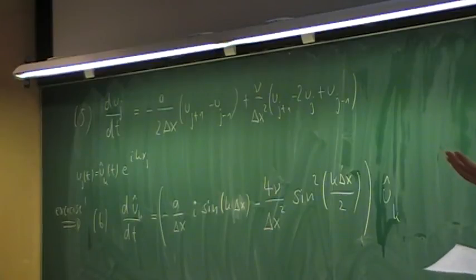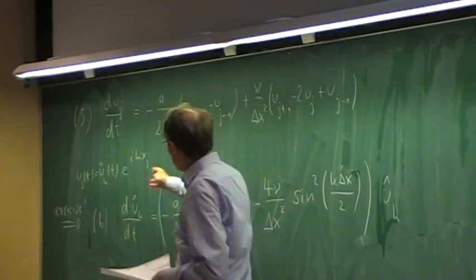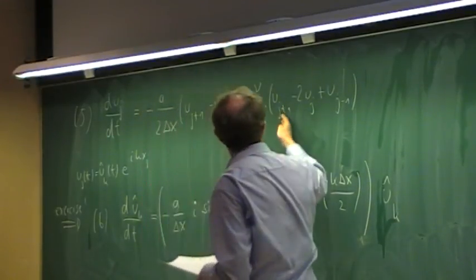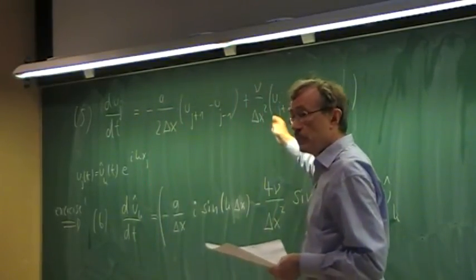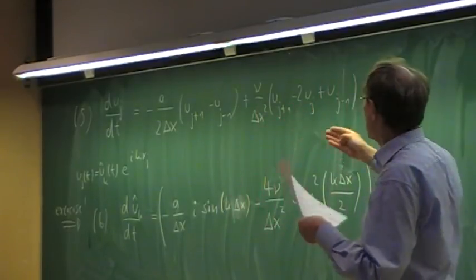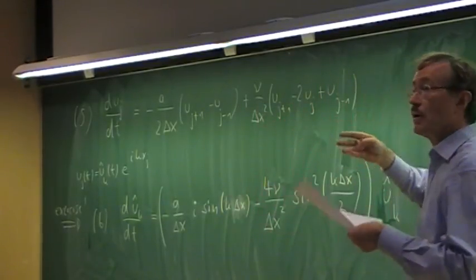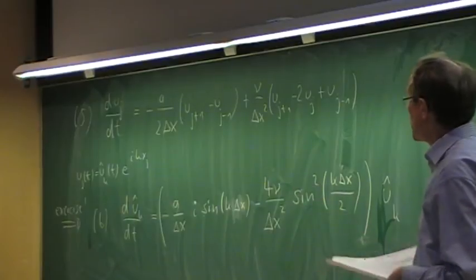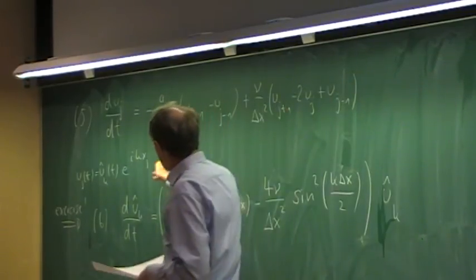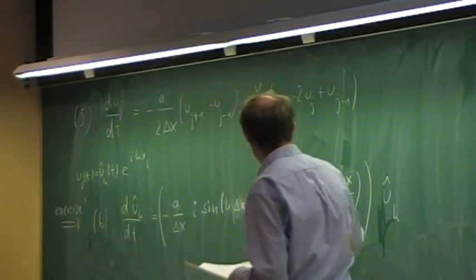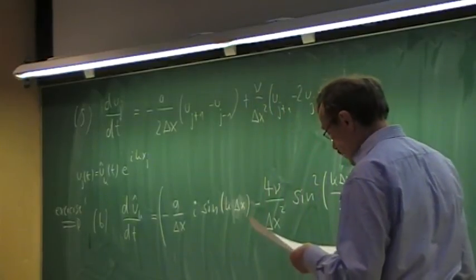And all we have done here is we have inserted this here. We have used that x_{j+1} is x_j plus delta x, x_{j-1} is x_j minus delta x, and so we can factorize this whole term, use Euler's formula, use this geometric identity, and then we get that.